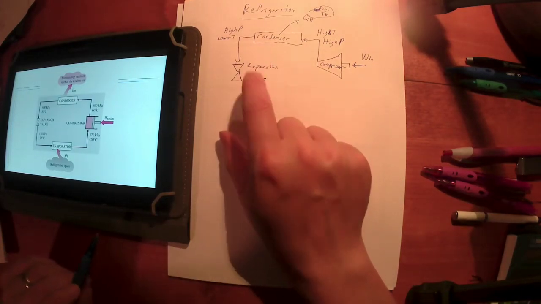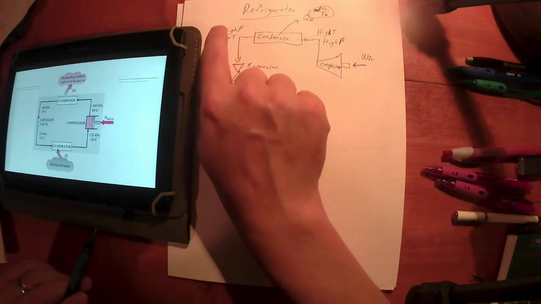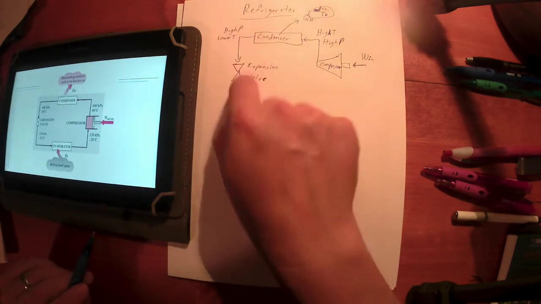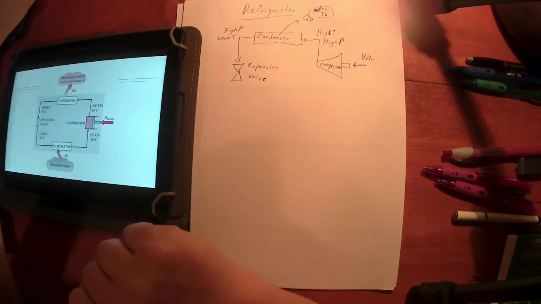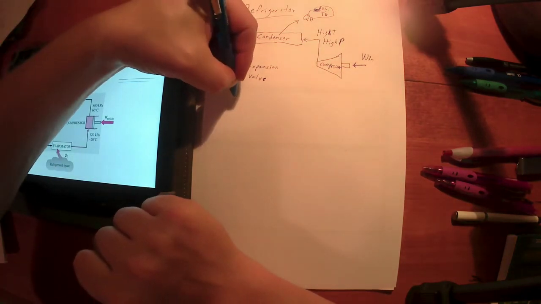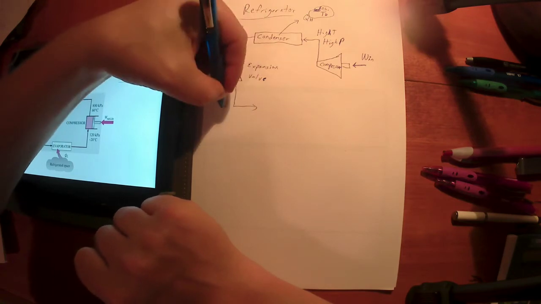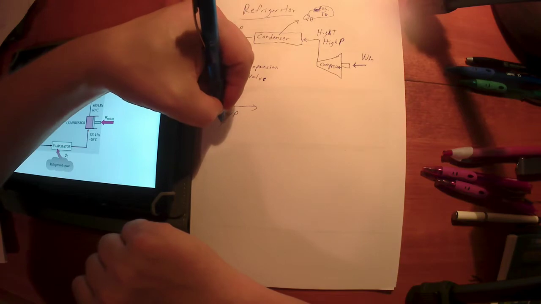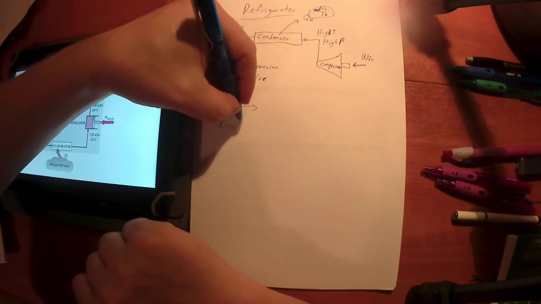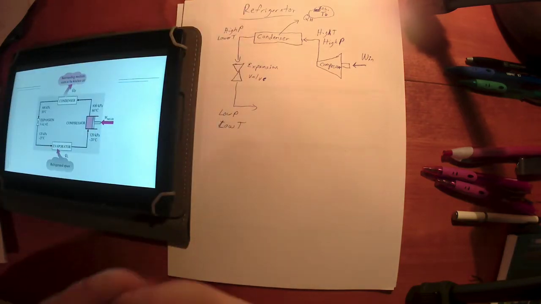What happens here? If you allow a high pressure substance to expand, you run it through what we call an expansion valve. What happens? Well, the pressure drops. And as the pressure drops, so does the temperature. Now, how do we know this?